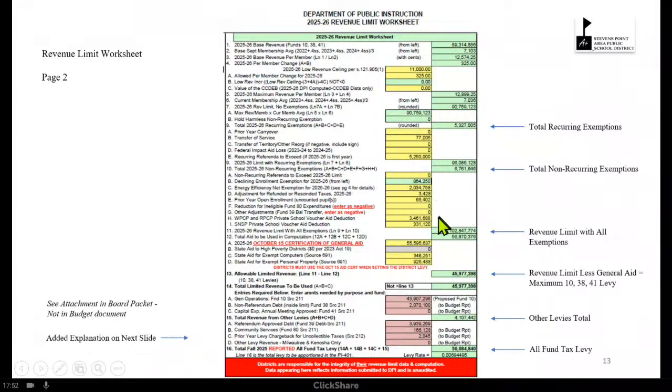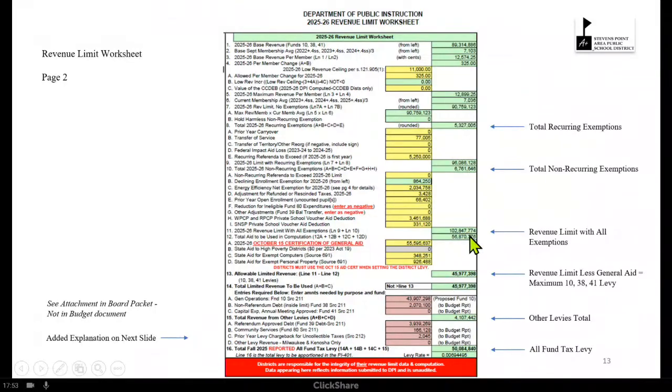So in the non-recurring exemptions, you can see line H and I. Those are our private school voucher amounts. So we don't have any control over those amounts, that's just what they are. Okay, and so then we add those in and we get our revenue limit with all exemptions.